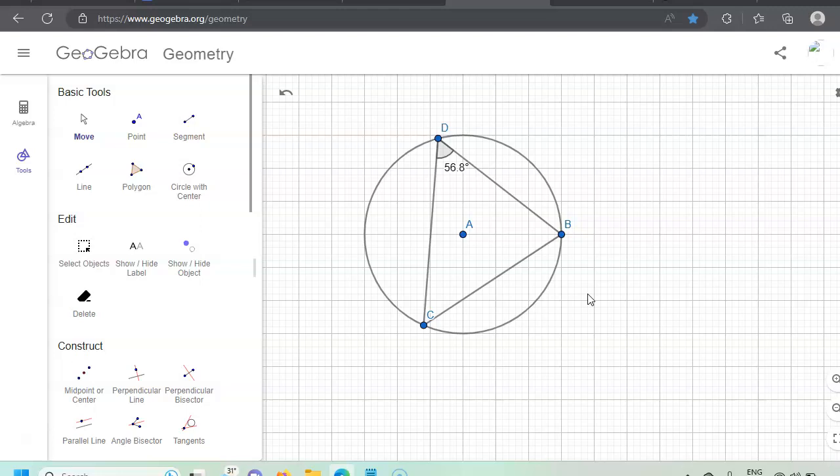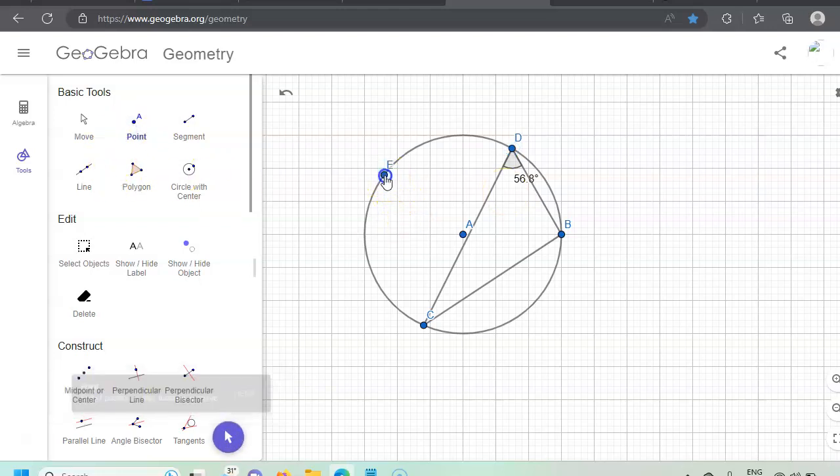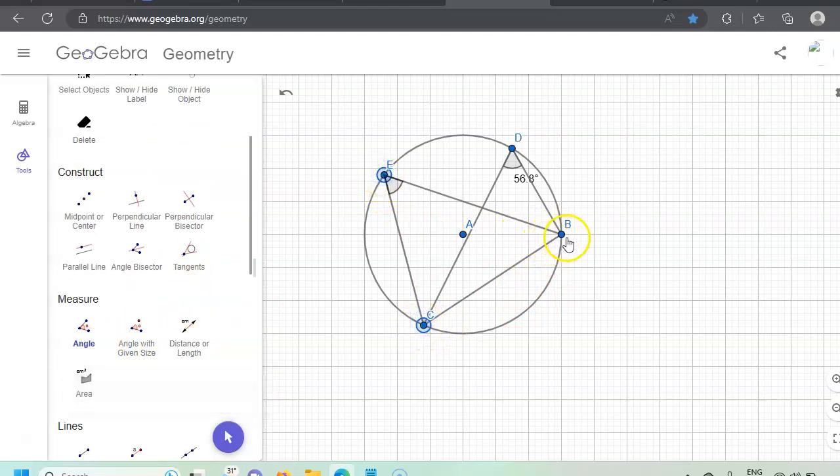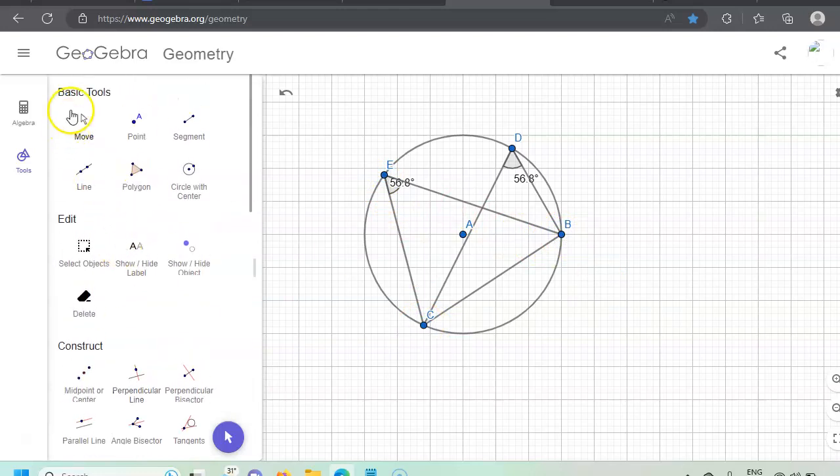Now let's revisit another theorem, a property of a circle. It states that wherever we place the point for that angle, the measure of that angle remains the same. So in other words, if we have another point here, E, and then we connect E to the endpoints of the chord, the measure of this angle will be equal to angle D. Why?